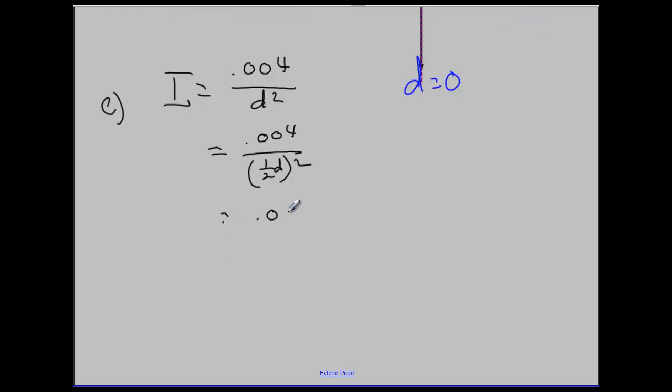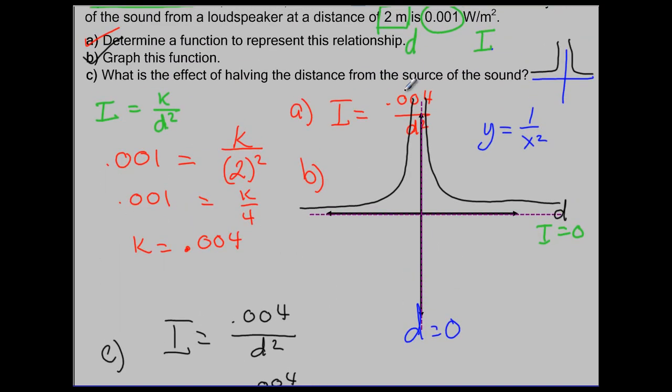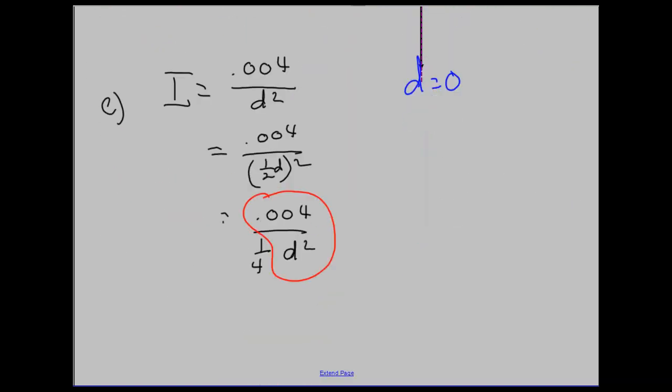And working this through algebraically, we're actually not going to solve this question in its entirety, because if we notice, this portion of our formula is exactly the formula for the original situation. And so what effect does it have on it? Well, if we continue to solve, this becomes the original formula times 4 over 1, or simply 4 times as intense.